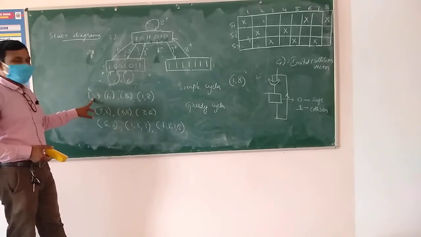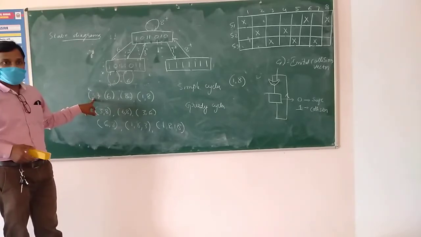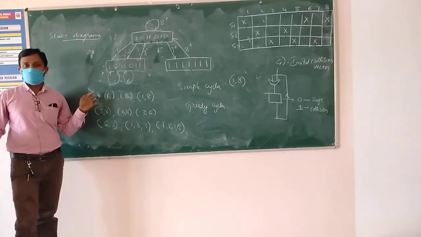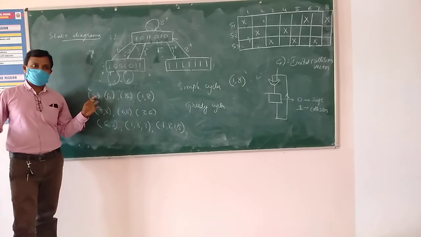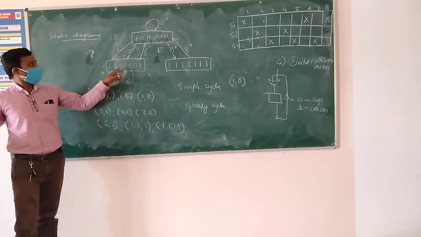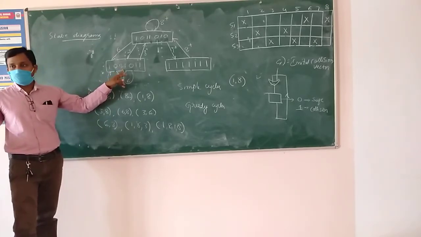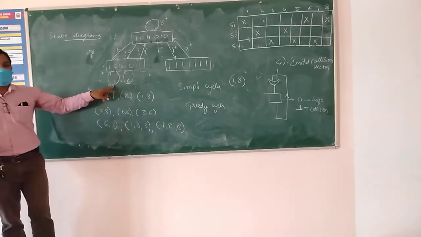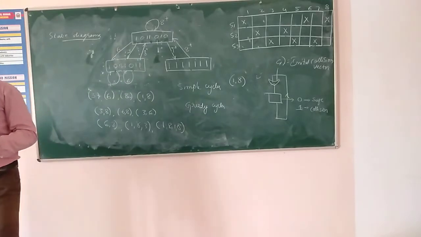It is a simple cycle, and that has the minimum latency value. But the state transition is to this state only, correct? And this will be the greedy cycle.